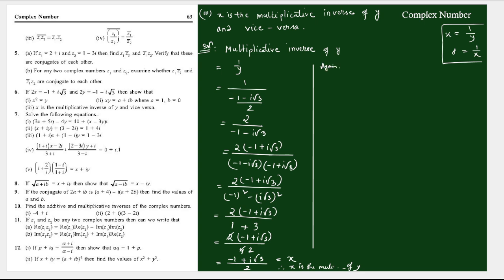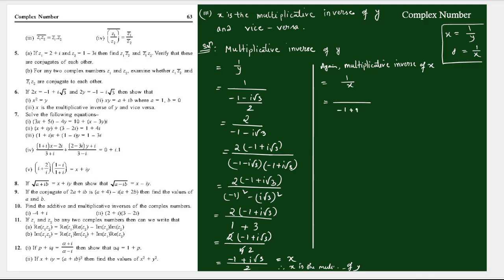Again, multiplicative inverse of, here we have found out for y, now x, 1 by x. So same, x is how much?